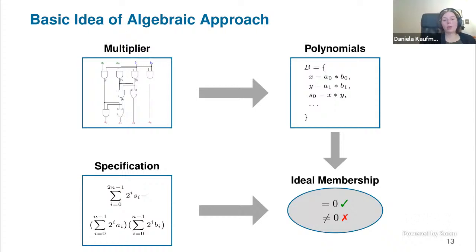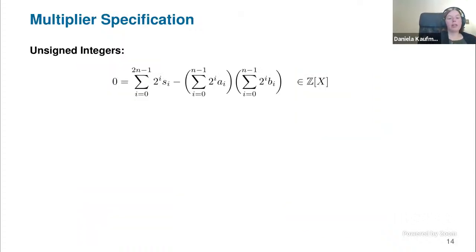Now I want to go into the details of each of these parts of the algebraic approach, and I want to start with the specification. Here you see the specification polynomial when we model multiplication of unsigned integers.